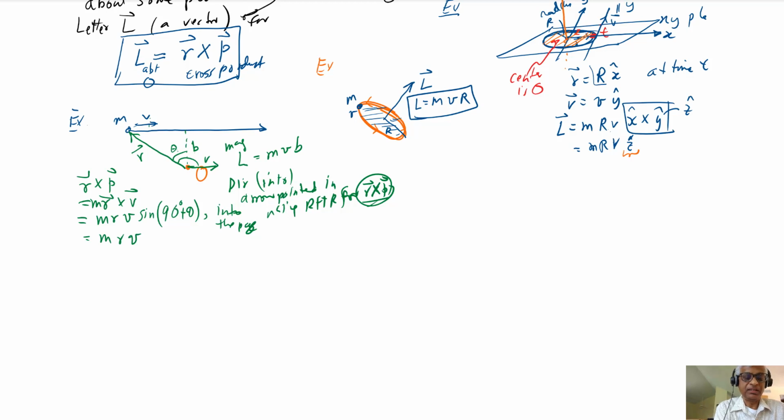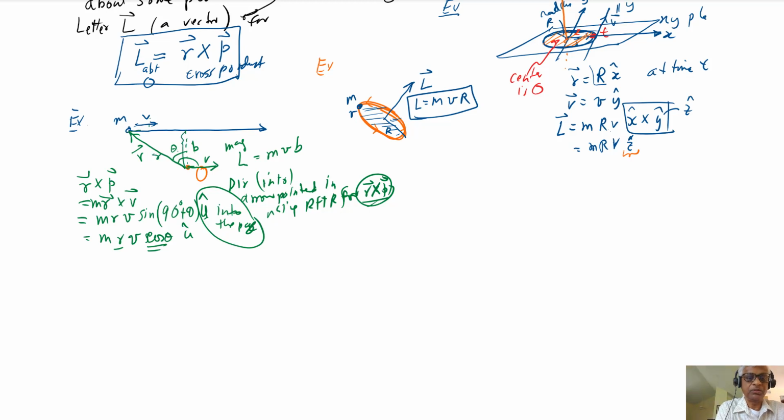The direction is some unit vector u hat, into the page. So M R V cosine theta u hat. Now cosine theta with R will be just this.